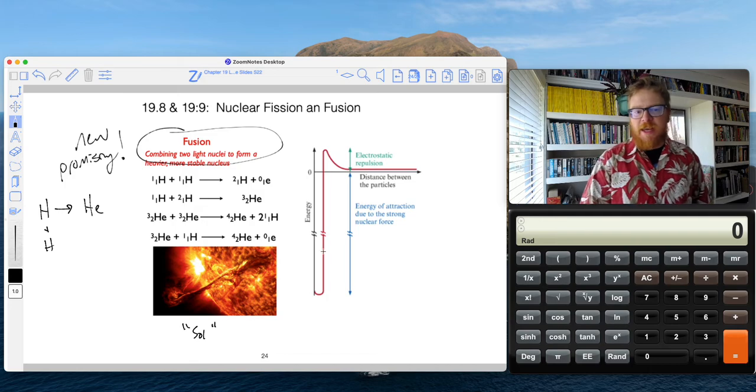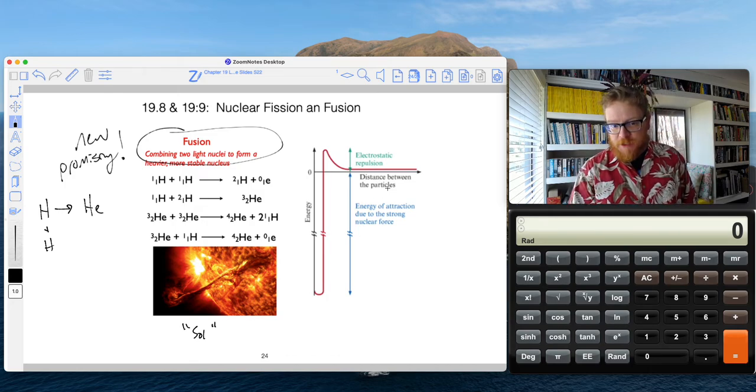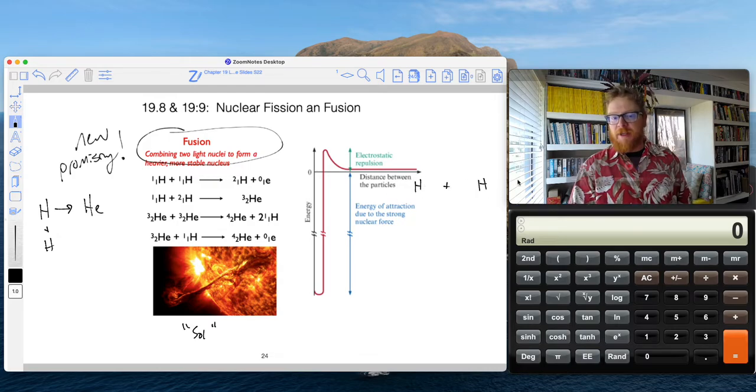And if you look at this energy diagram here, so distance between particles, way out on this side would be like our two protons well separated, and they're fairly happy in this position. But now as you force them to get closer and closer, okay, they are going to undergo this electrostatic repulsion. And so we could really think of this as like an activation energy, right?